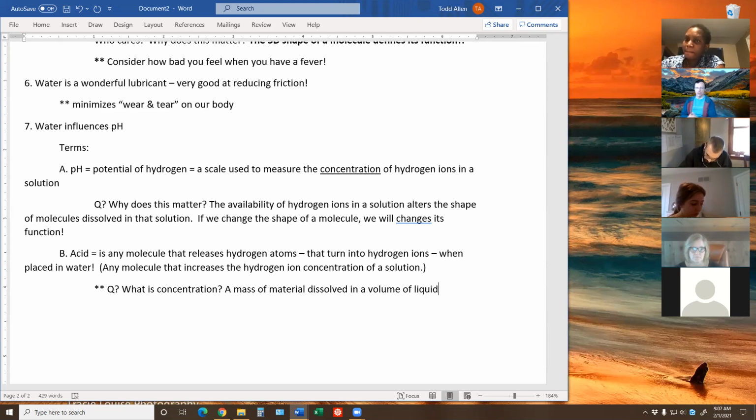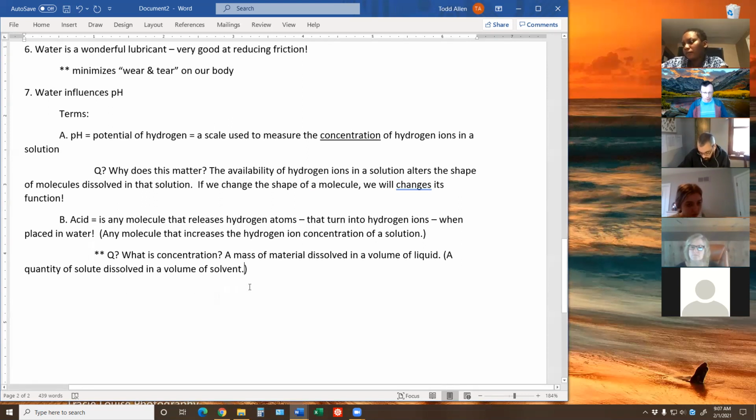A mass of material dissolved in a volume of liquid. Or alternatively, a quantity of solute dissolved in a volume of solvent. You think about what we just learned a little bit ago about these terms. A quantity of solute, a mass dissolved in a volume of solvent.